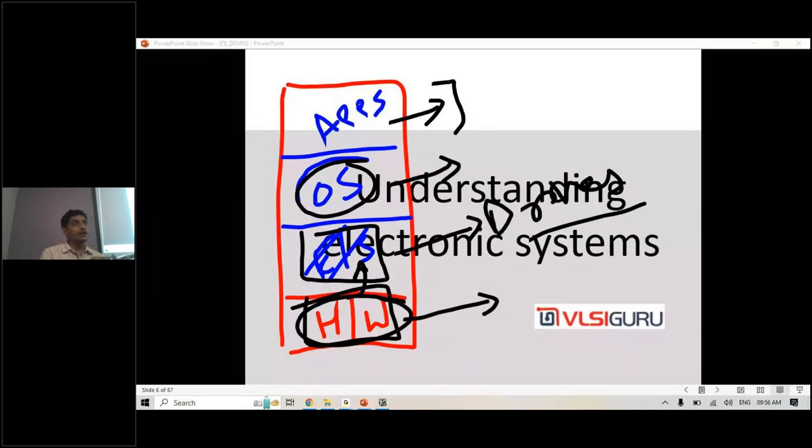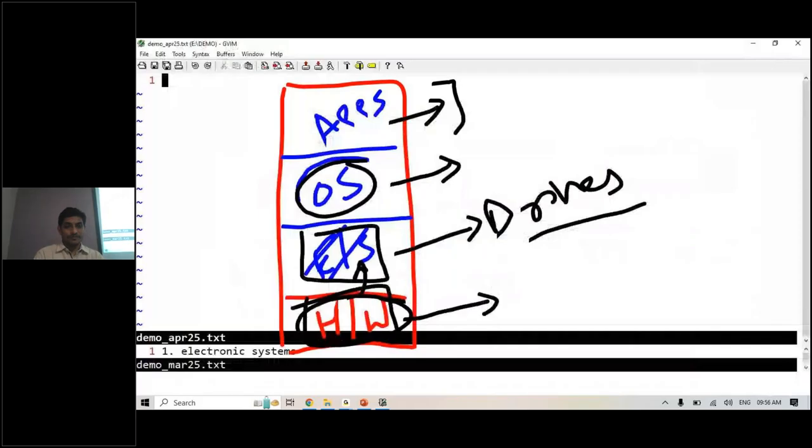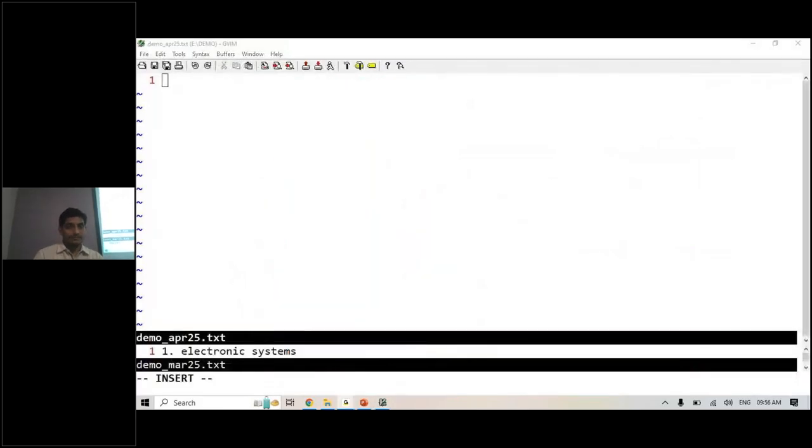In summary, again going back to our analogy, what is the analogy we took? Bus example. Bus has four elements in it: the bus, driver, conductor, passengers. Bus, driver, conductor, passengers. So bus is similar to hardware.